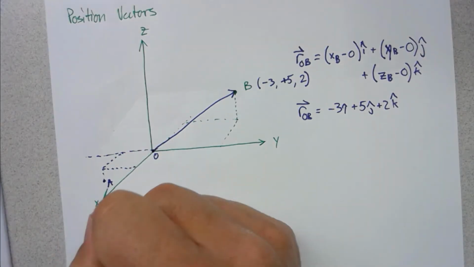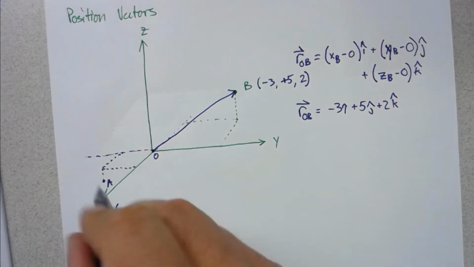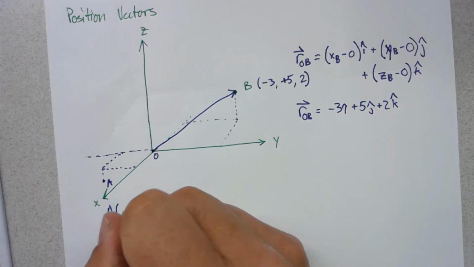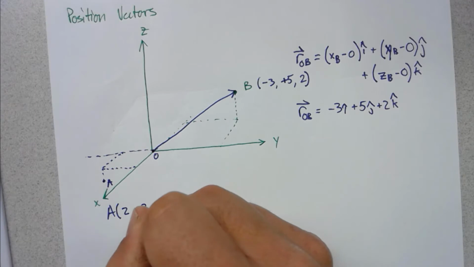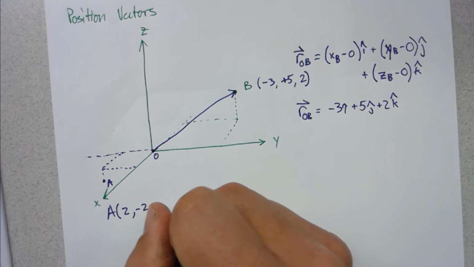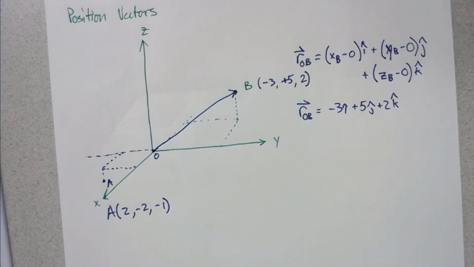So A has the coordinates of, let's say, 2, -2, -1. Right? So it's +2 in the x, -2 in the y, -1 in the z.